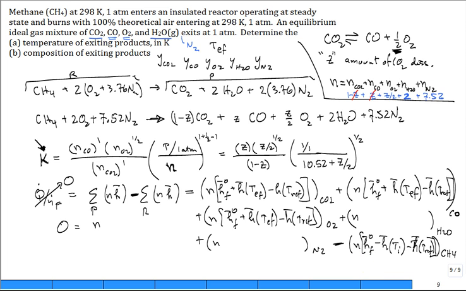And then we have minus N O2 minus N N2. Both of these are reactants, the O2 and the N2. Okay. Does all that make sense? I didn't write it all down, but does it make sense?